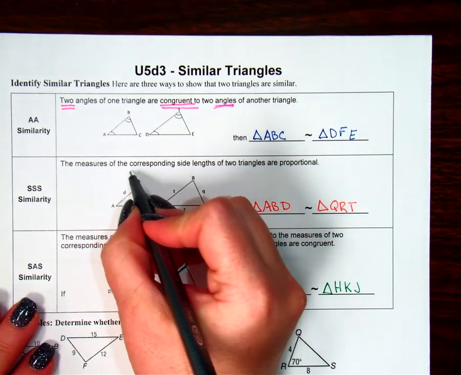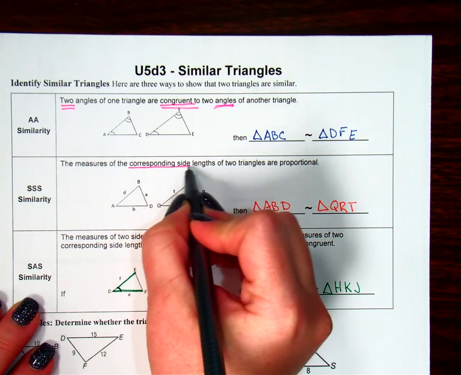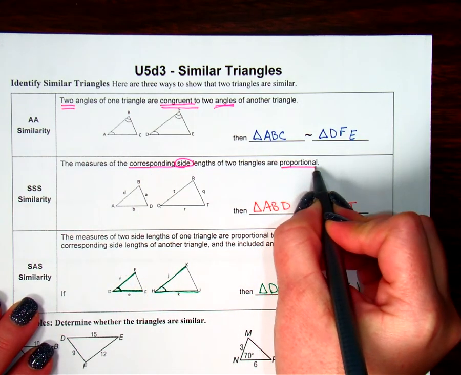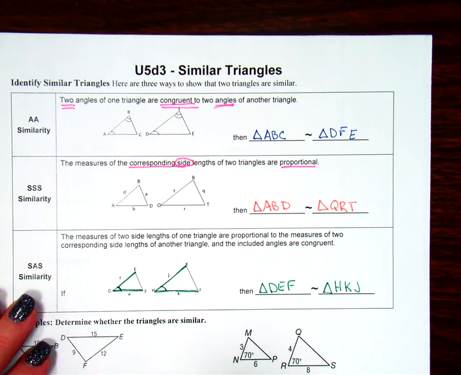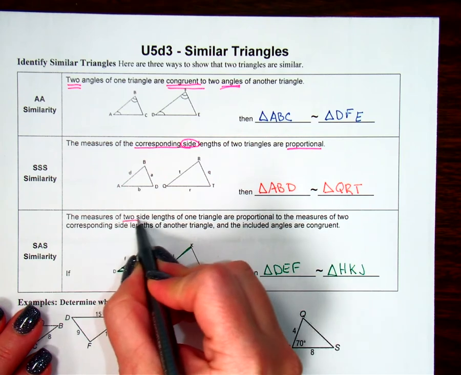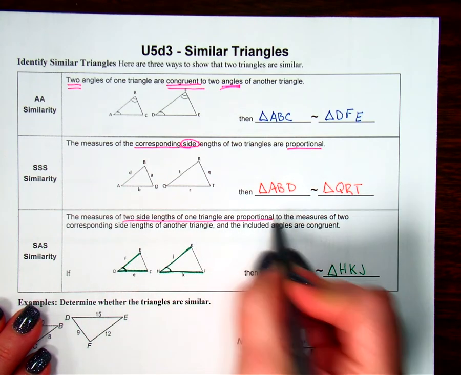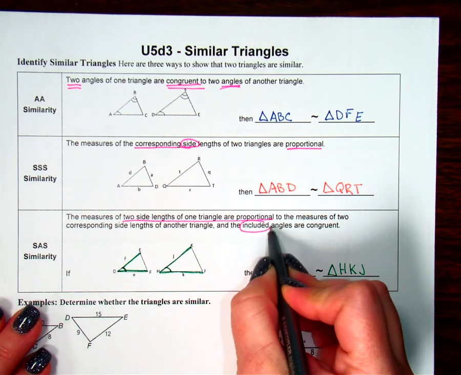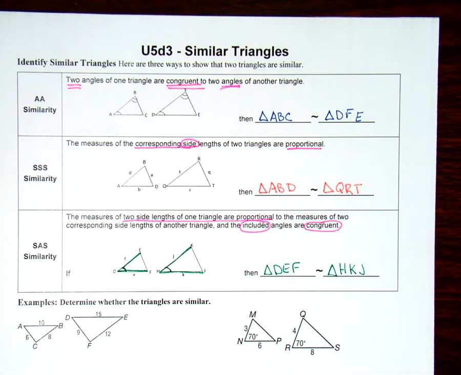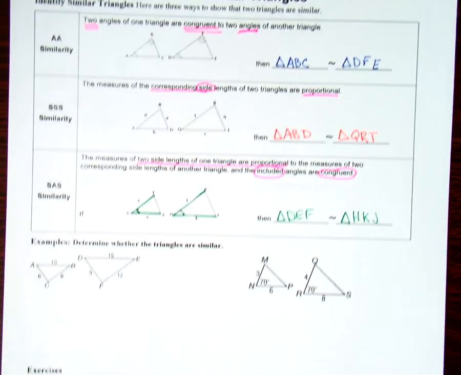Okay, on the next one, my corresponding sides are proportional for side-side-side. And then the last one, it's going to be 2 sides are proportional and the included angle is congruent. Okay? All right, so let's look at some examples.